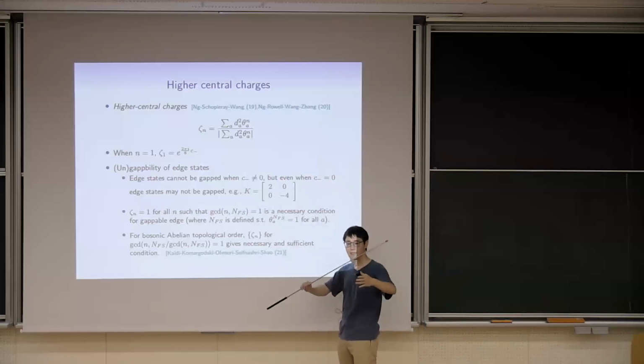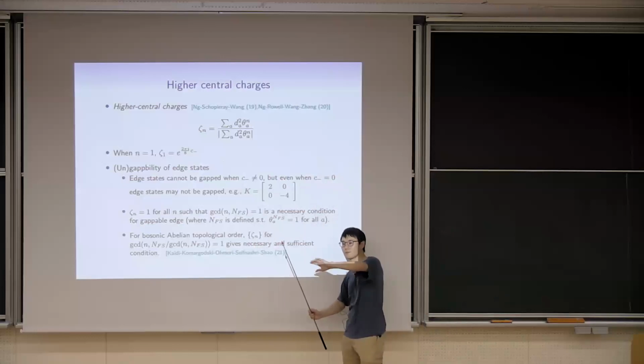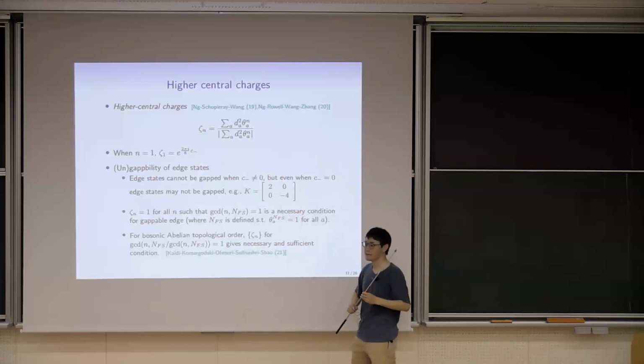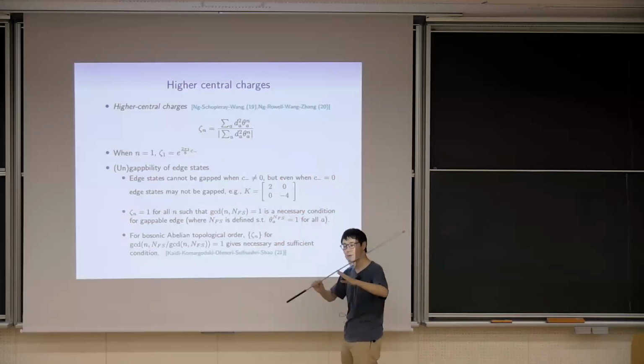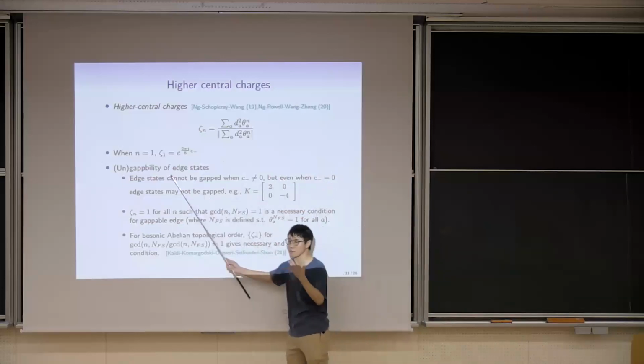In this case, because you can allow an interaction between these two edge states, you can potentially open a gap on the boundary. But the story does not end there. Depending on the property of the actual edge, you could or could not gap out this edge. So that's the concept of gapability.